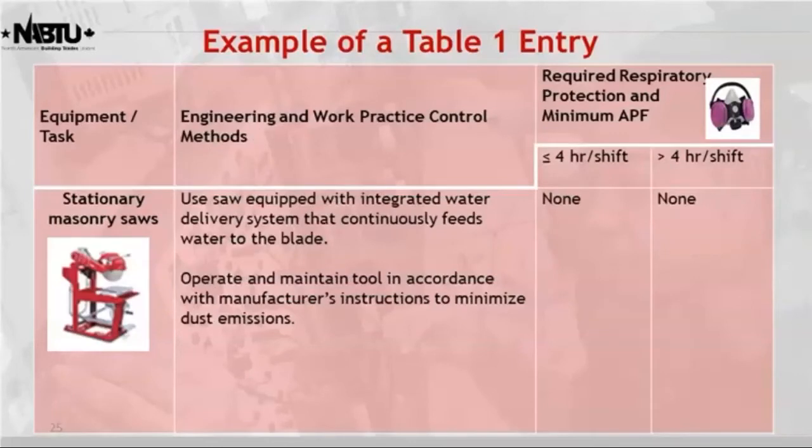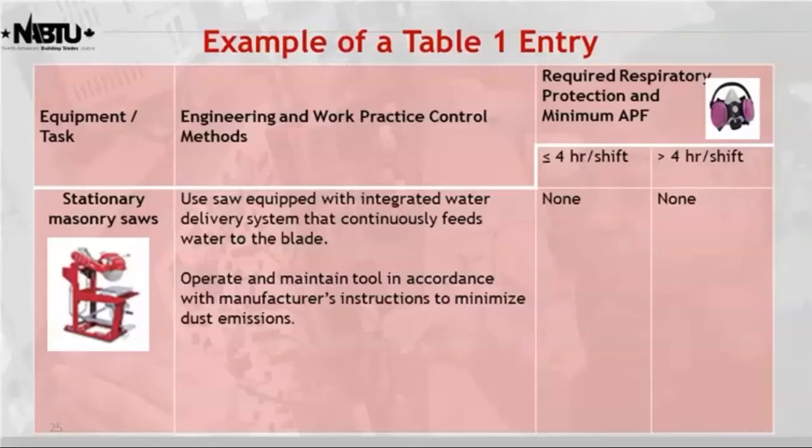So for example, this saw, because it's got an integrated water system, and it's stationary, that's a key word too, it's stationary. It's not portable like the previous slide. Whether you're greater or less than 4 hours, according to this, you do not need any respiratory protection.